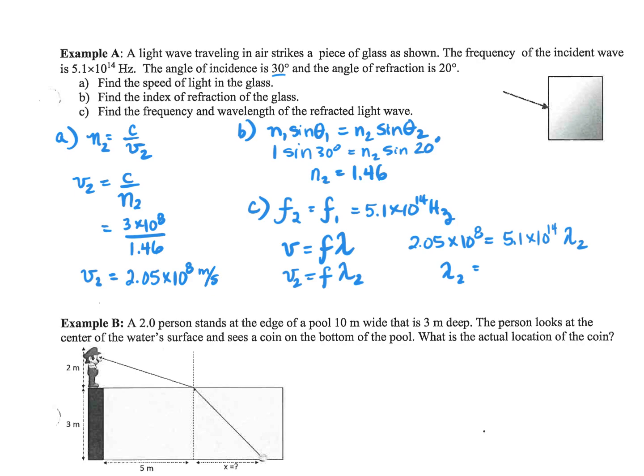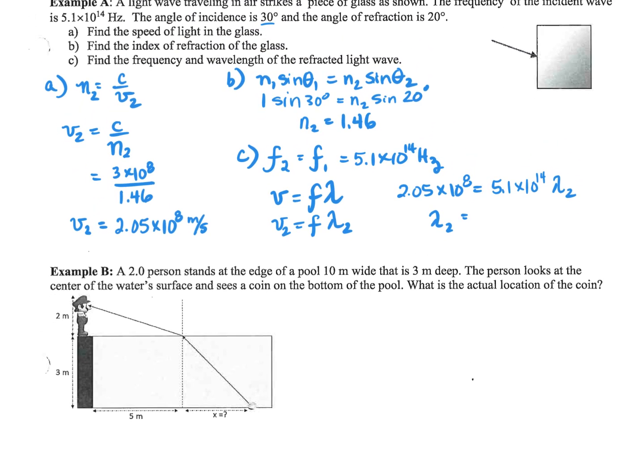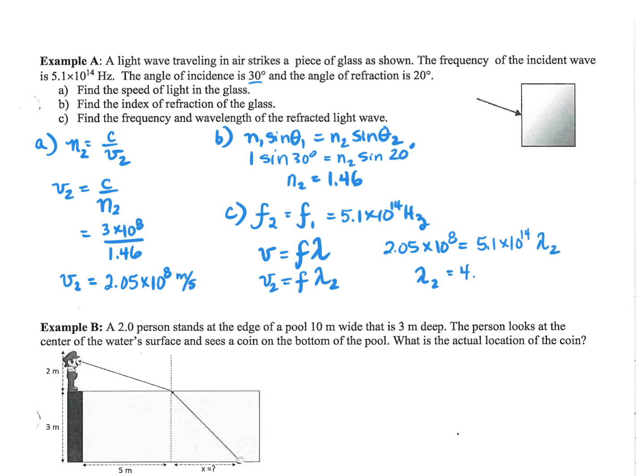So, did we figure out what that was? It was 4.02 e to the negative 7. 2.05 to the 8th divided by 5.1, was it 5.1?